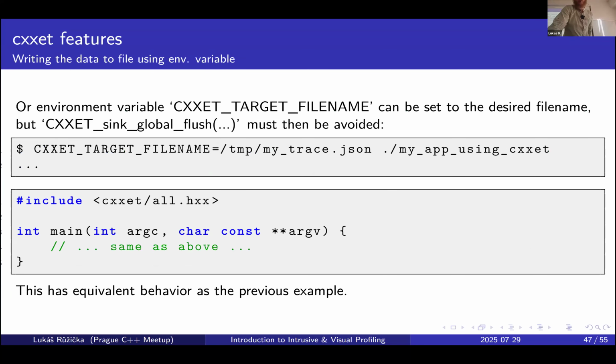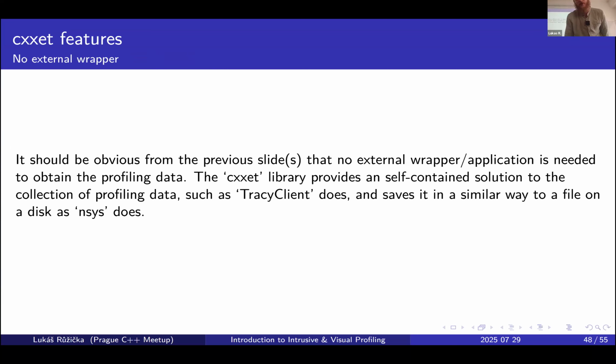That's one way. The other is that you can start the application with an environment variable set to the output file, and it will behave exactly the same. So this is just for convenience.